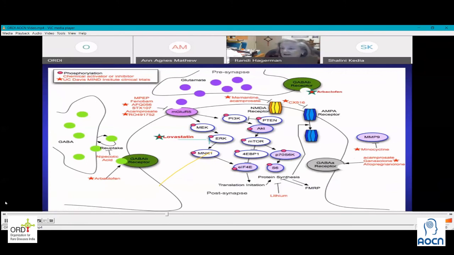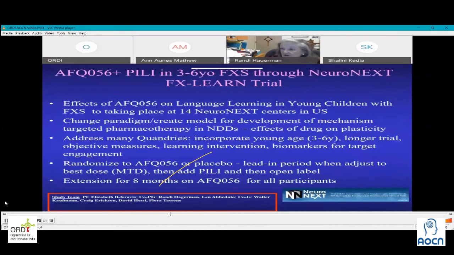But the original mGluR5 antagonists, such as AFQ-056, developed by Novartis, or also the Roche drug, RO491752, were not efficacious in the study of adults and adolescents with Fragile X syndrome. But now AFQ-056 has been studied in the Fragile X Learn trial.